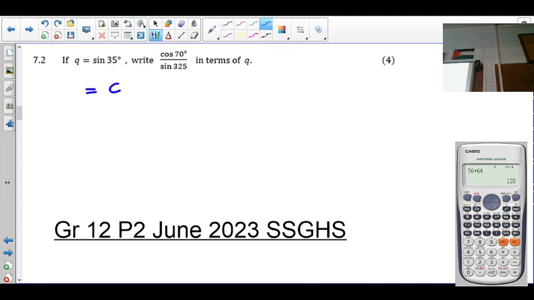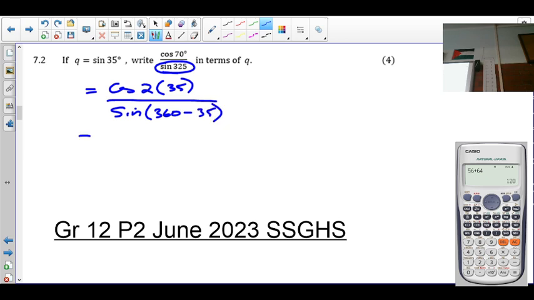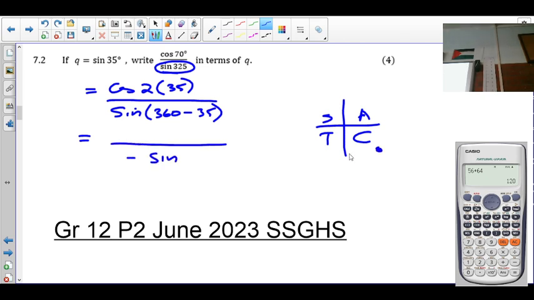So it's going to become cos 2 times 35 over, now sin 325 can be written as sin of 360 minus 35. So 360 minus, all stations to Claremont, takes you to the fourth quadrant. Sine is negative in this quadrant. So it's going to be negative sin 35 in the denominator.